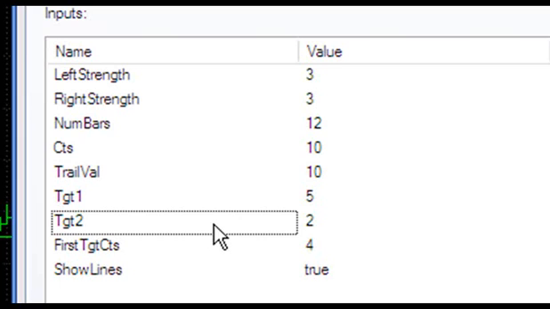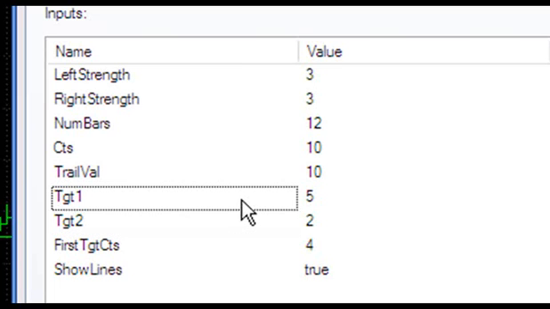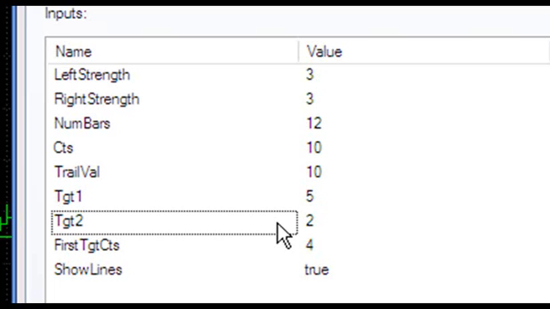And target 2 is actually added on to target 1. So for example, if we were in a long trade, the first target would be the entry price plus 5 times the minimum move, and the second target would be the entry price plus 5 plus 2 equals 7 times the minimum move.